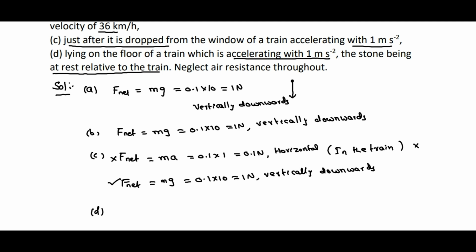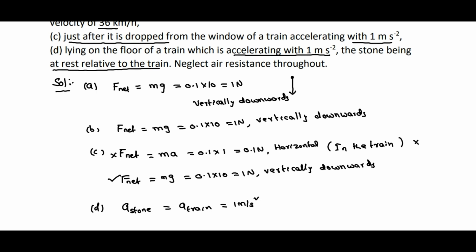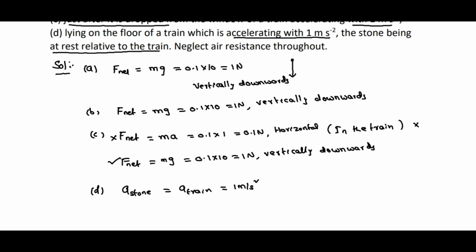So, the acceleration of the stone is equal to the acceleration of the train, that is 1 meter per second square. Therefore, net force is equal to MA, that is 0.1 into 1, which is equal to 0.1 Newton along horizontal.